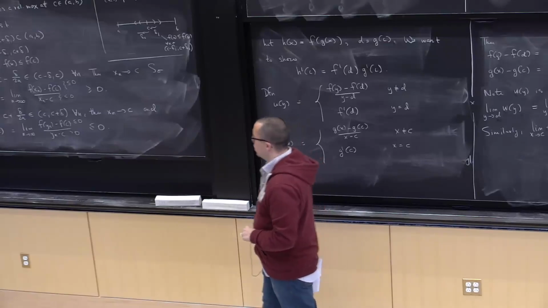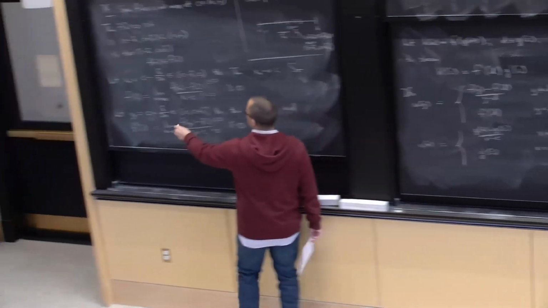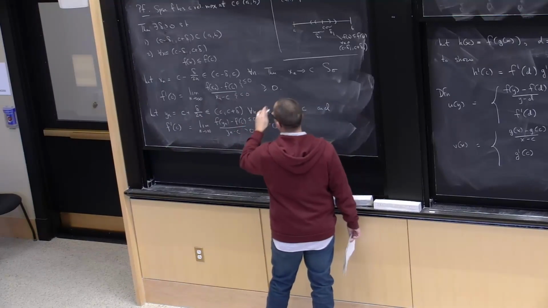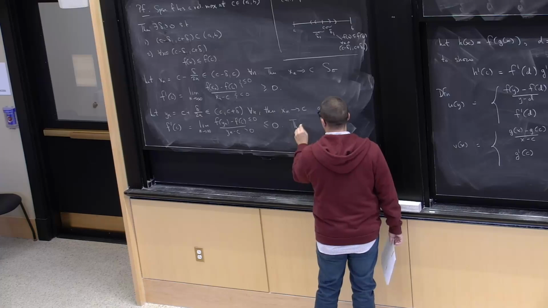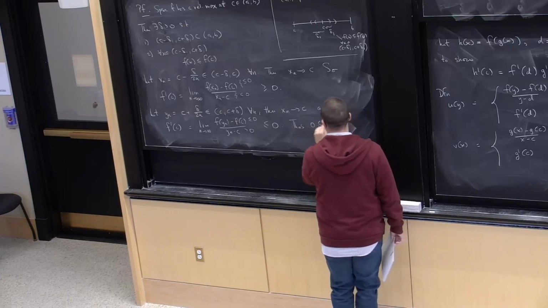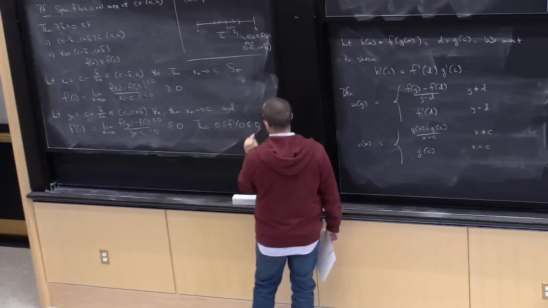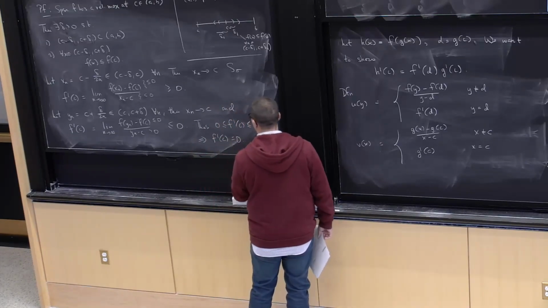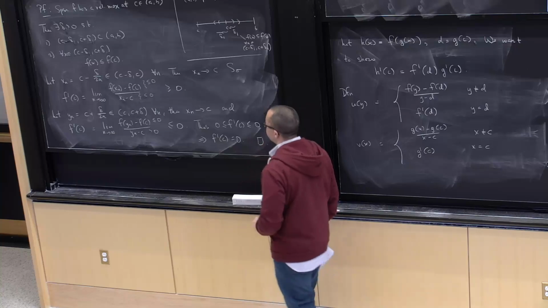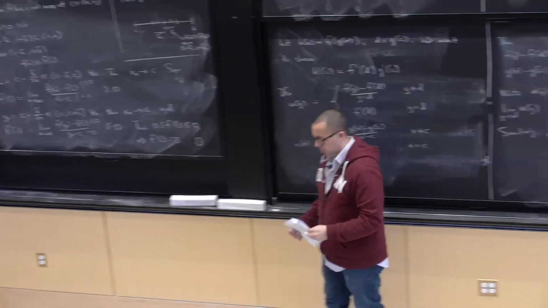Okay? So we've just shown f prime of c is both bigger than or equal to 0, and that it's also less than or equal to 0. And therefore, the derivative is 0 at this point.